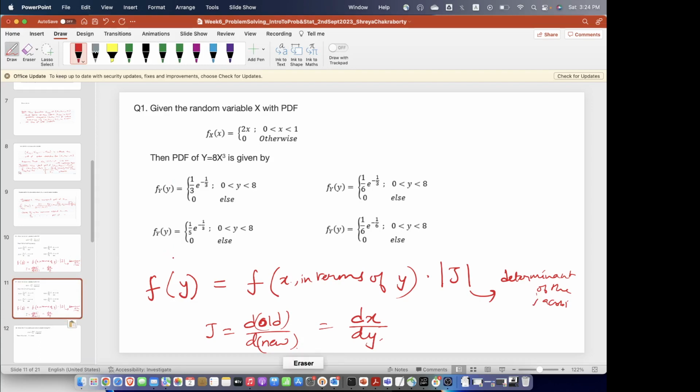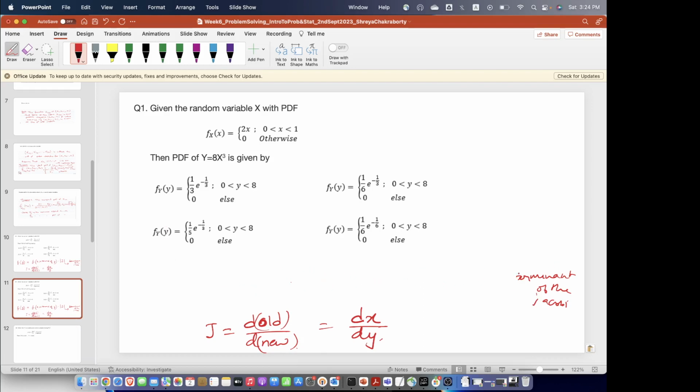So now we know how to write the PDF of y in terms of the PDF of x. Let us find out the Jacobian.